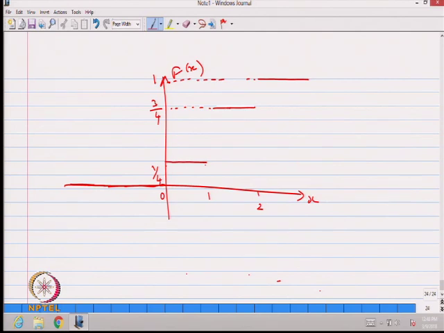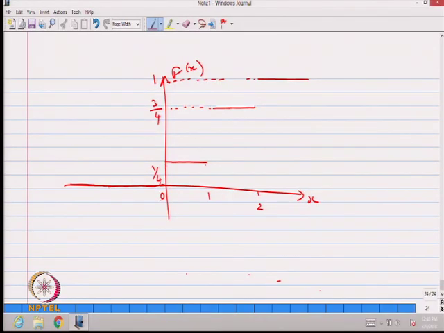That means it is a right continuous function because the left limit at 0 is 0, the value at 0 is 1 by 4, and the right limit at the point 0 is 1 by 4. Therefore, it is right continuous at the point 0.